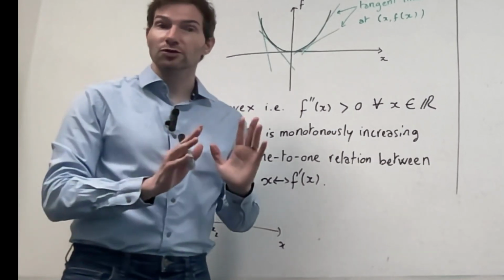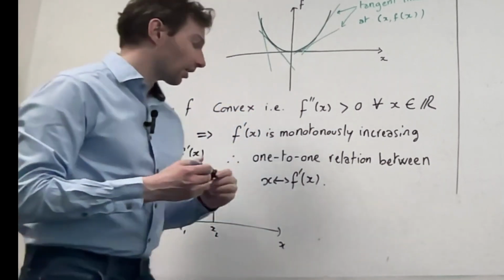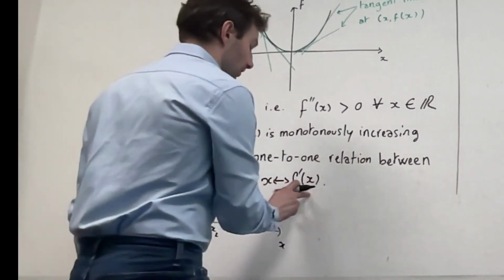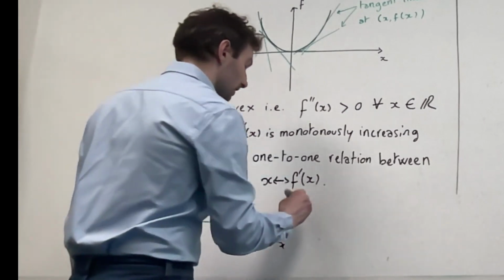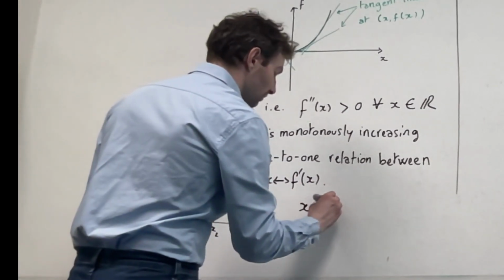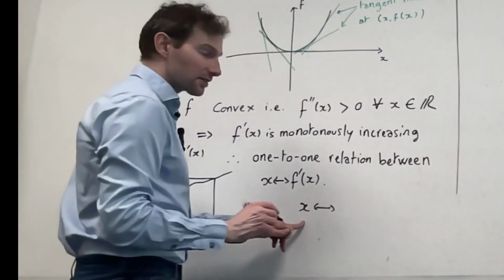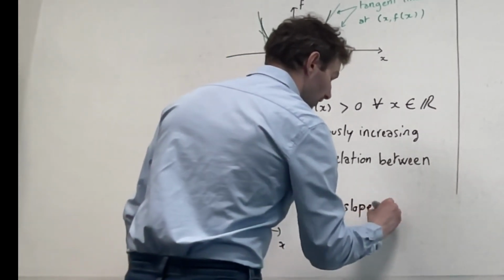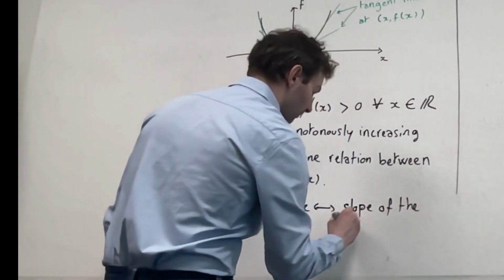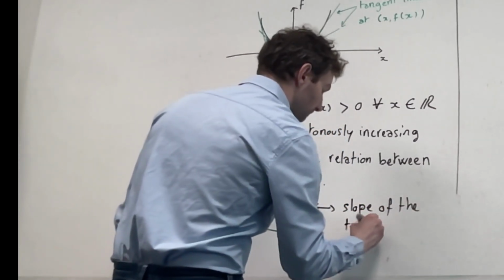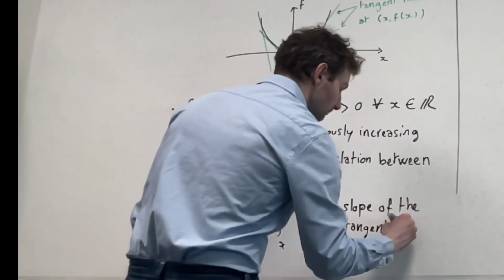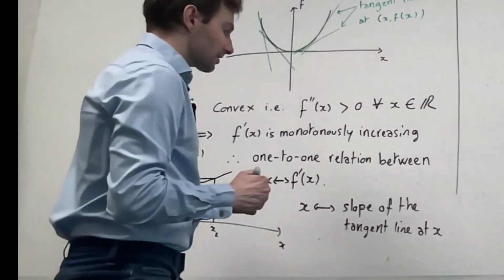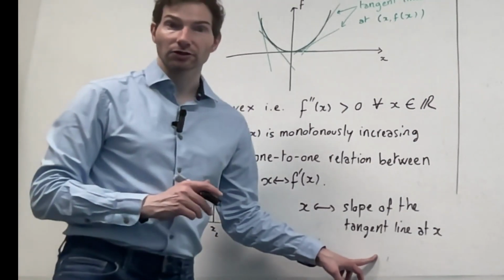And that's what matters: this relationship, x corresponds to f prime of x, means that there is a unique correspondence between x and the slope of the tangent line at x. And that's what we are going to use.